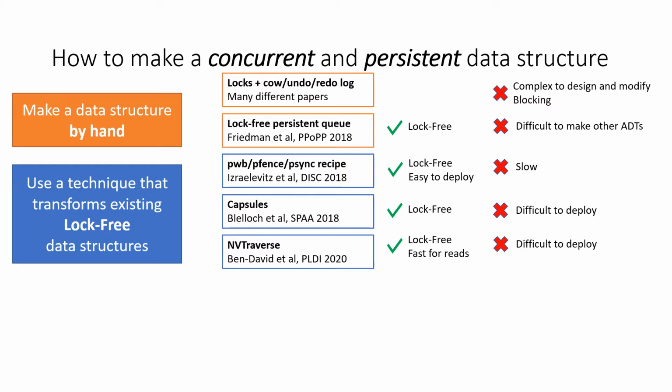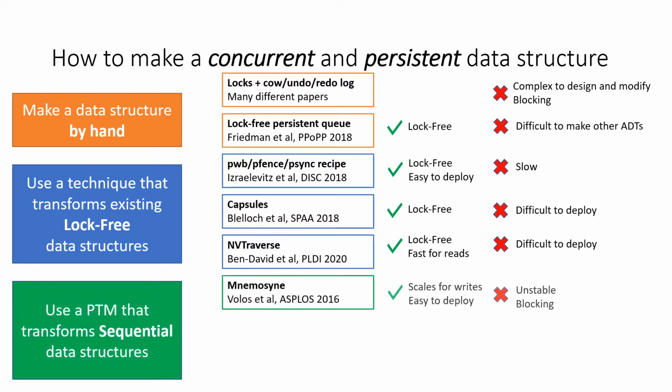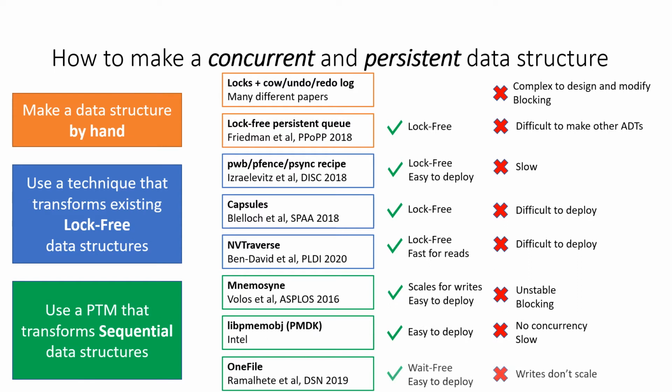There are several different such recipes. Some are easier to apply than others, but they all require the pre-existing lock-free data structure. Or we go with the PTM approach, a persistent transactional memory that transforms sequential data structures into concurrent and persistent data structures. So far, OneFile was the only one that provided wait-free progress. All others were blocking.